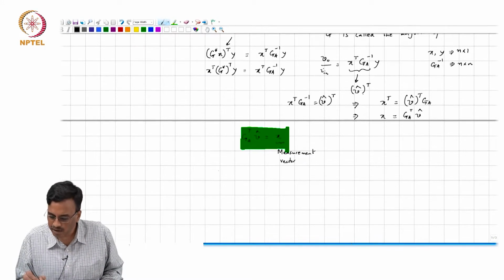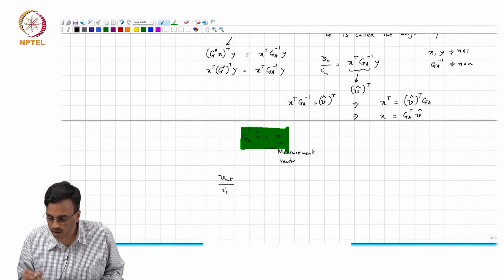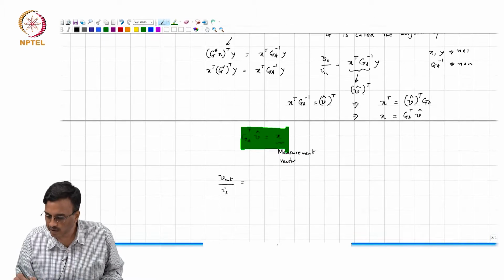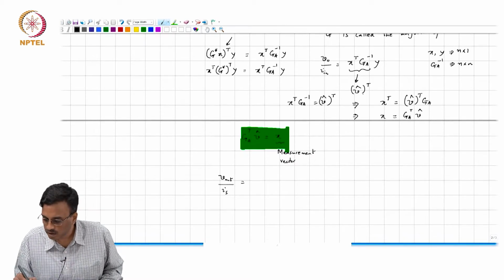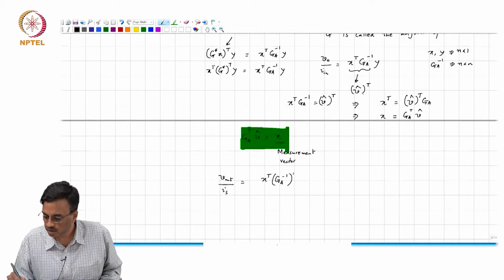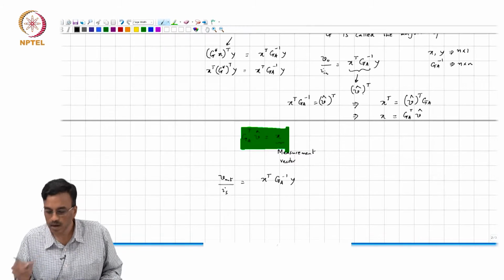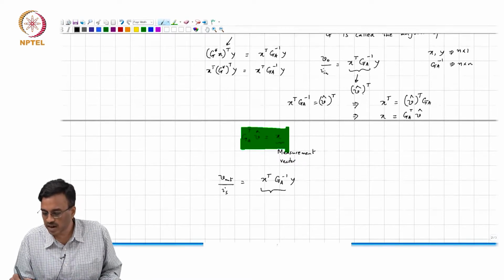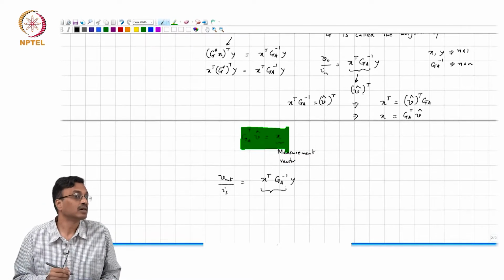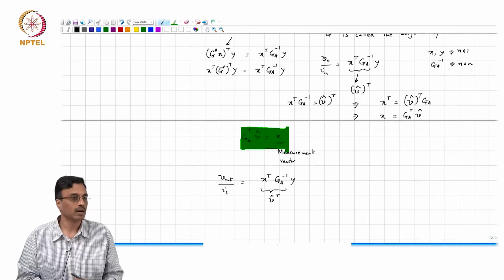Remember that in the original network, V out is X transpose times GA inverse times Y. And what is X transpose times GA inverse? It is V hat transpose.